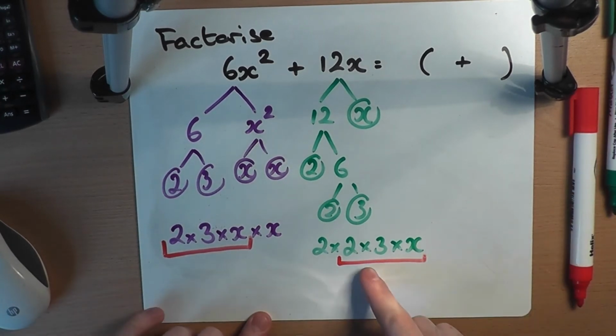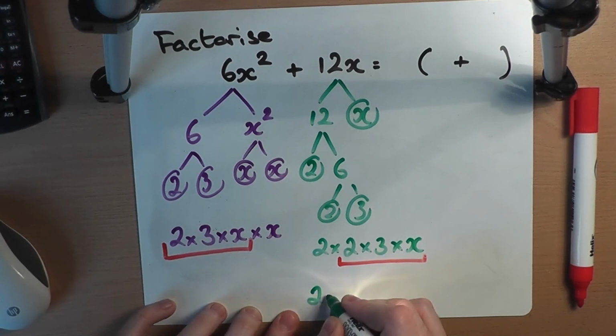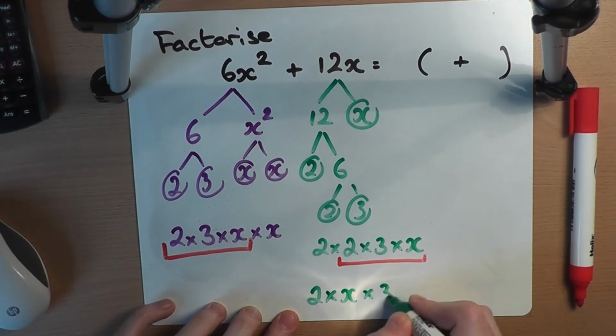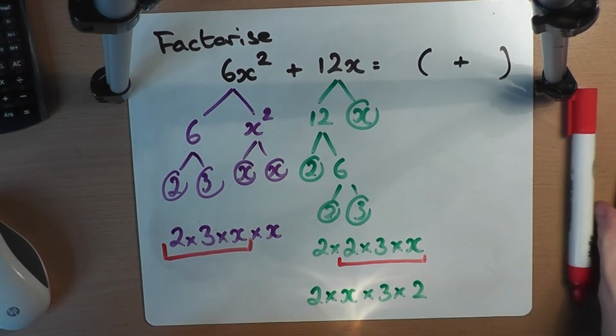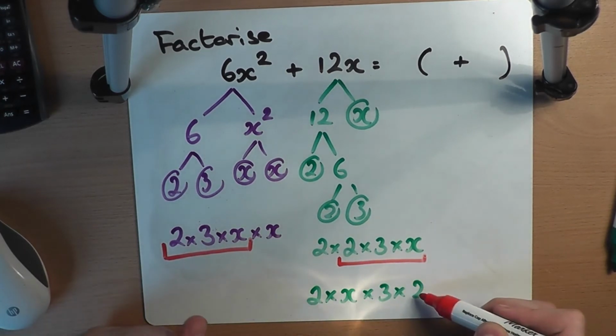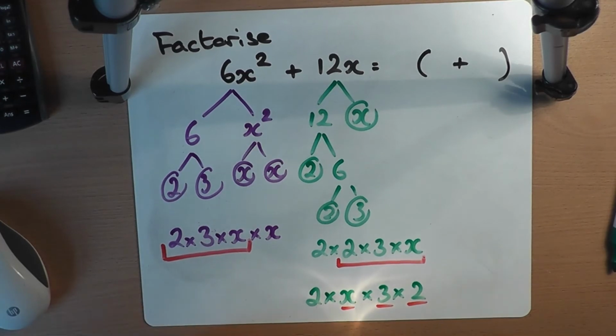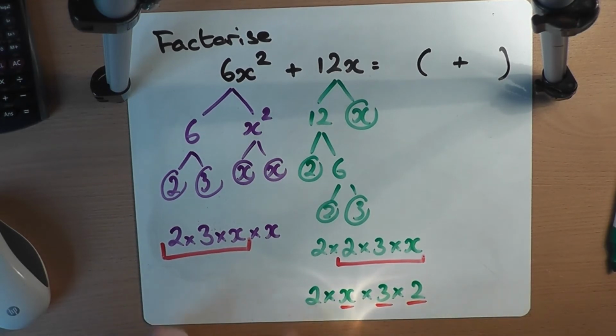Notice that if I had written these in a different order, for example 2 times x times 3 times 2, then I wouldn't have had the 2 times 3 times x written anywhere, but I still have the 2, the 3 and the x in an order somewhere. There is still somewhere in there a 2, a 3 and an x that are all being times together. The order does not matter. What matters is the things that are in both.